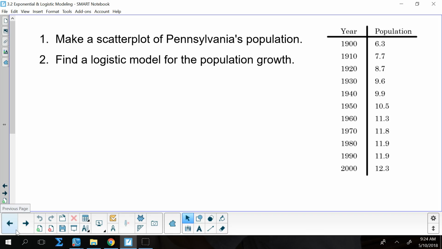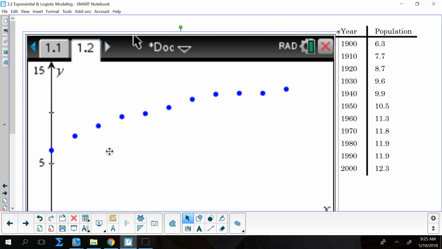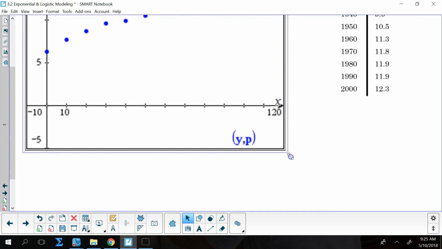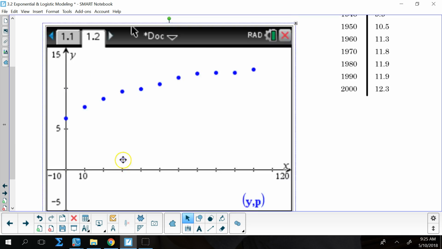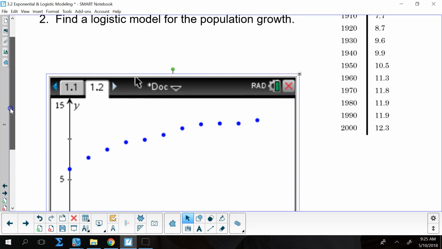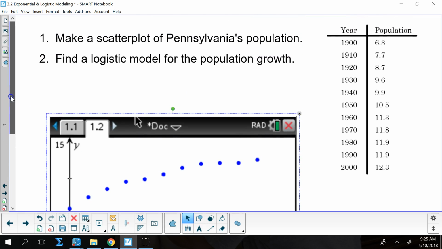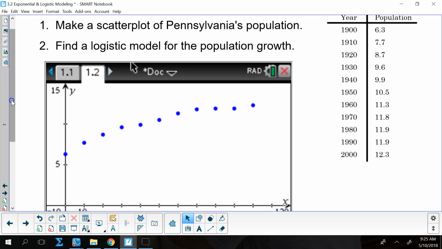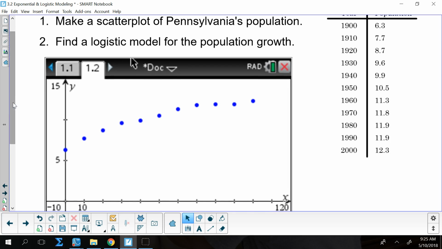Alright, so you should have a scatter plot made. Yes? Okay. So your scatter plot should look like that. Okay.